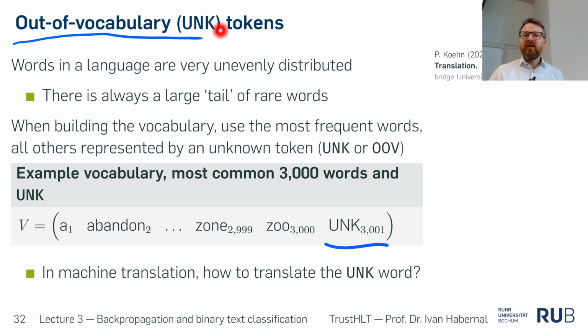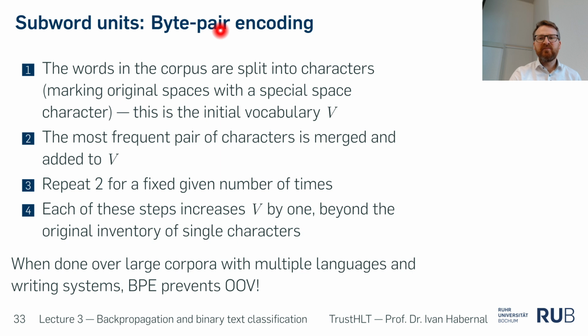So how can we fix that? Let's look deeper into the words. We don't split the words by white spaces, but we can split them somewhere in the middle of the word. For example, byte pair encoding: here's an algorithm, and once you see the algorithm, you will understand what it means.